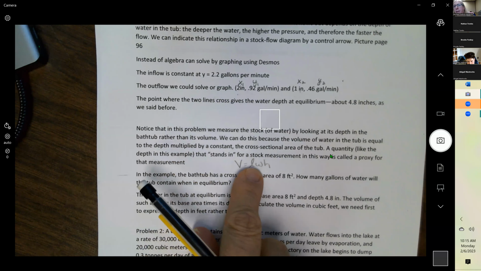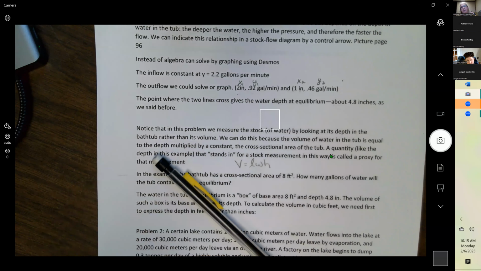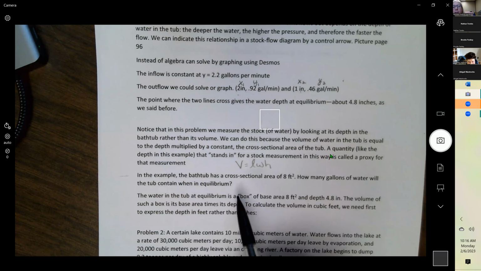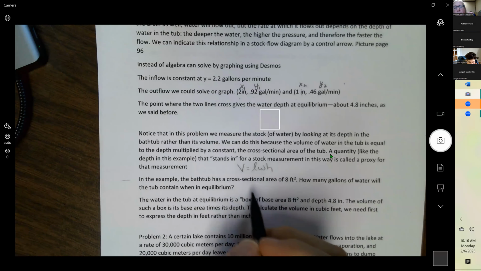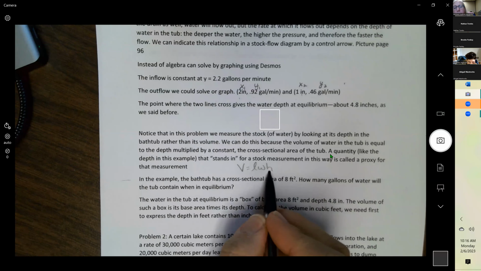Now, depending on the bathtub, some bathtubs bend outward. That wouldn't necessarily be the case. They're assuming pretty much a square rectangular bathtub, straight. So that length times width stays the same all the way up. Then you would just have to multiply by your height.